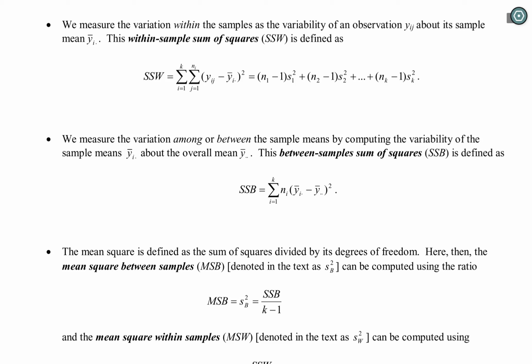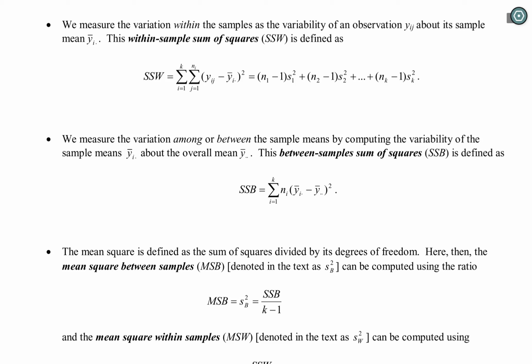And what it does, it looks at a respective sample mean and compares it to the population mean, squares the difference, and then weights it by the sample size, and adds that up through every sample. And what that measures for us is how different are the respective sample means from the overall grand mean.